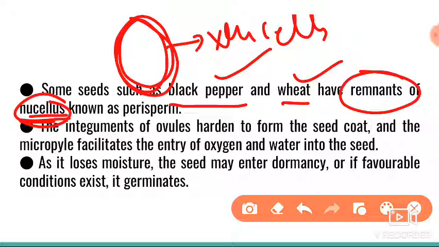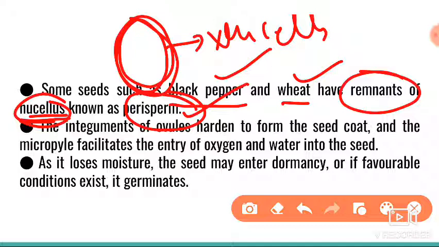And such seeds we call perispermic seeds. Important, please remember the definition. What is perisperm? Perisperm is nothing but the remnant of nucellus. In seeds, some amount of nucellus remains.